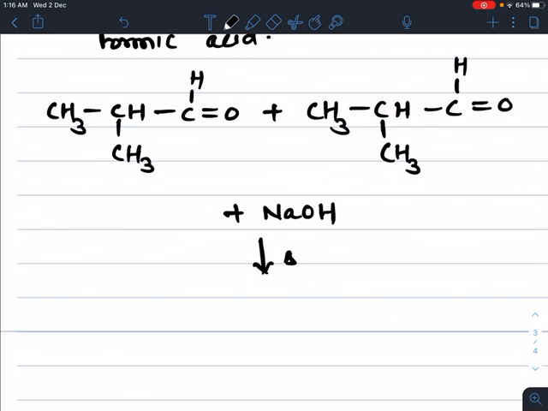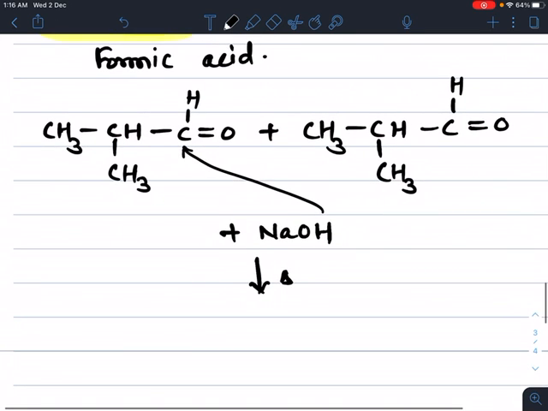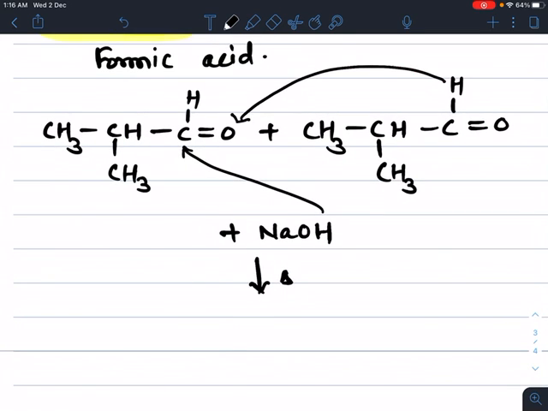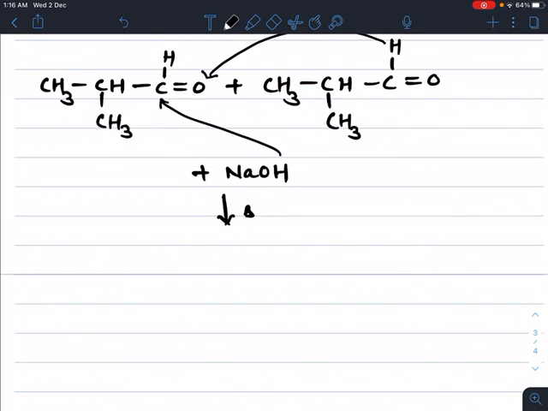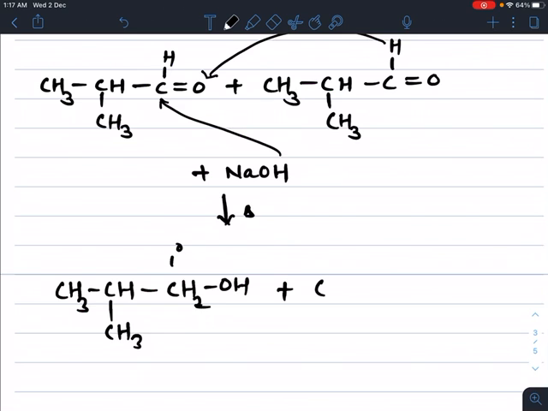The first molecule is reduced, meaning addition of hydrogen takes place, one hydrogen from the other molecule of aldehyde and one hydrogen from NaOH. We get the CH3 groups as they are, and the CHO group is converted into CH2OH. So a primary alcohol is formed, and the name of this compound is isobutyl alcohol.